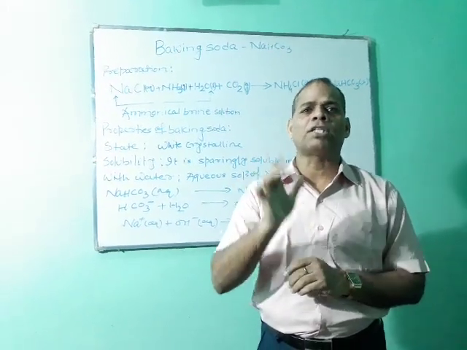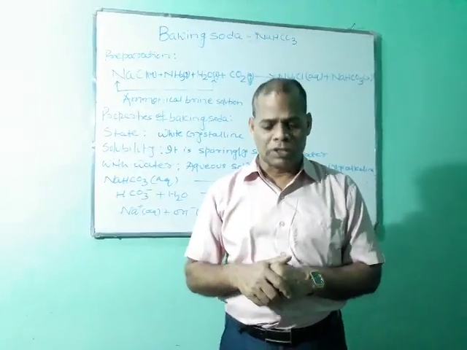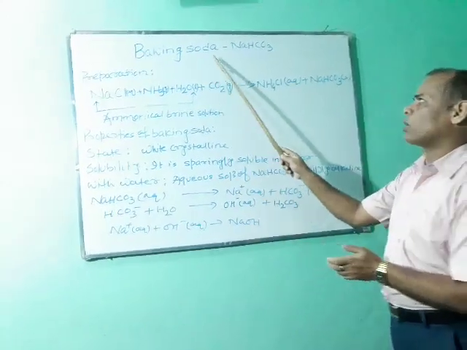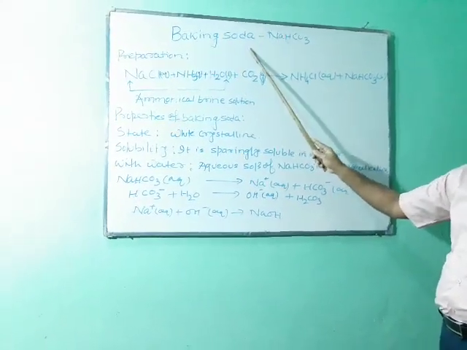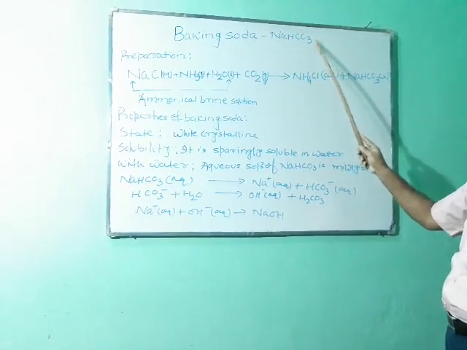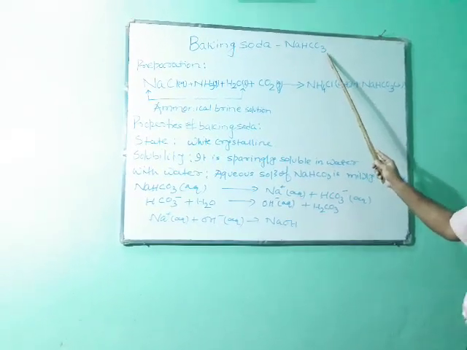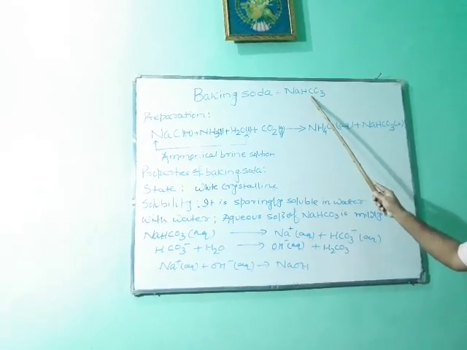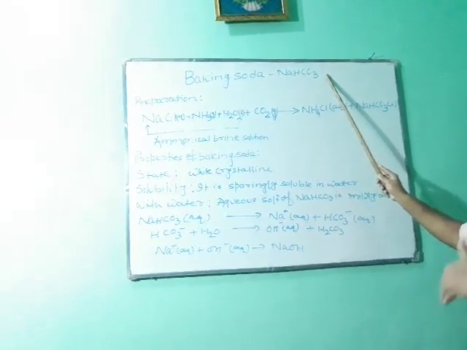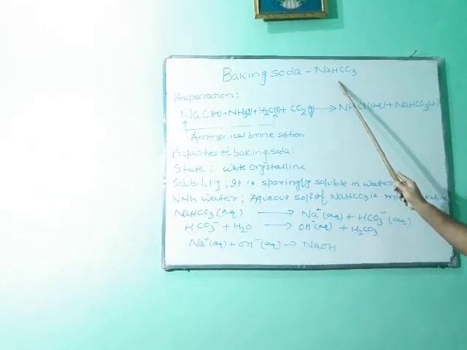One of the important compounds among them is baking soda. Sodium hydrogen carbonate, also called sodium bicarbonate. Chemical formula NaHCO3. Now how to prepare this baking soda?